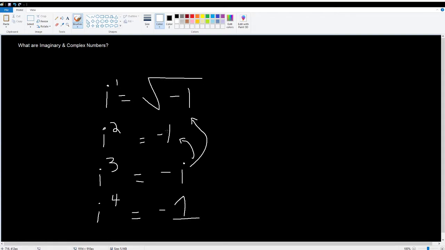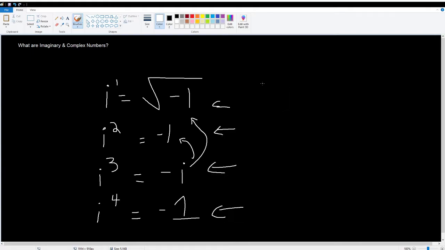And now, what's so special about i is that when you get higher powers of i, you'll find out that the values actually start repeating themselves, okay? So all the different possible powers of i will equal one of these four values.